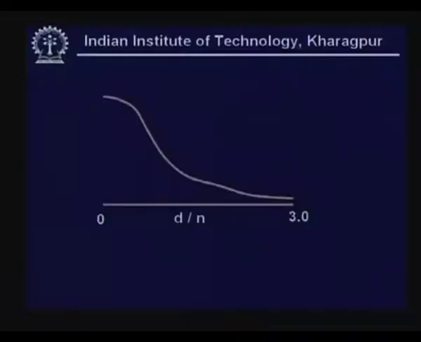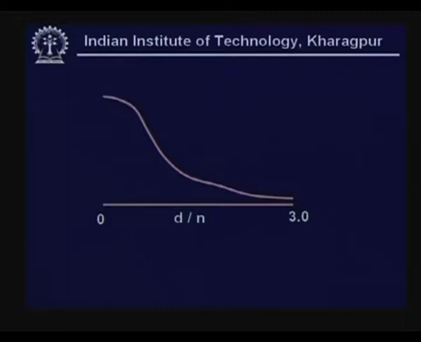Going by this, we can draw the illuminance as a function of d by b. It is marked d by n, over a distance from 0 to 3. If you observe carefully, initially for some small distance it is near about the maximum.